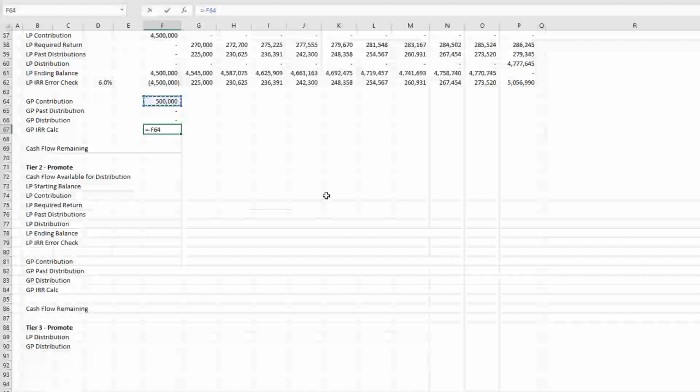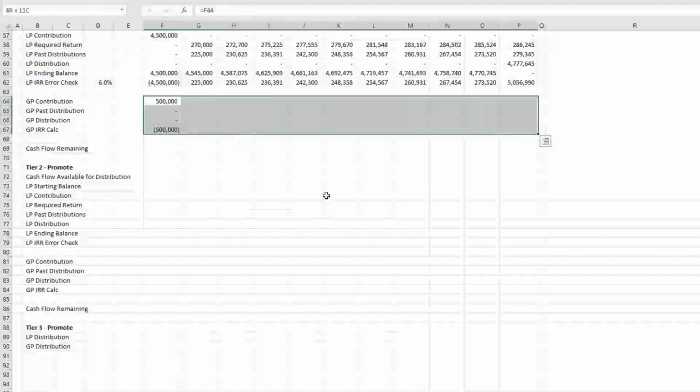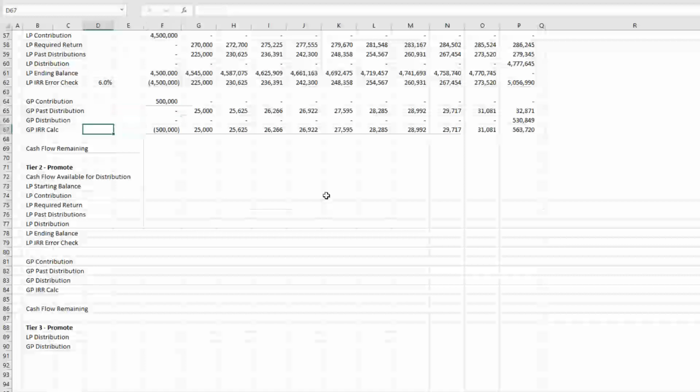Let's calculate the GP's cash flow, negative contribution plus past and present distributions. Fill all those ranges, Ctrl+R out to the right, and then let's run an IRR, and we find that it also is 6%. Not a surprise. So then we have cash flow remaining, and this is important because whatever's remaining here will flow into our subsequent tiers.